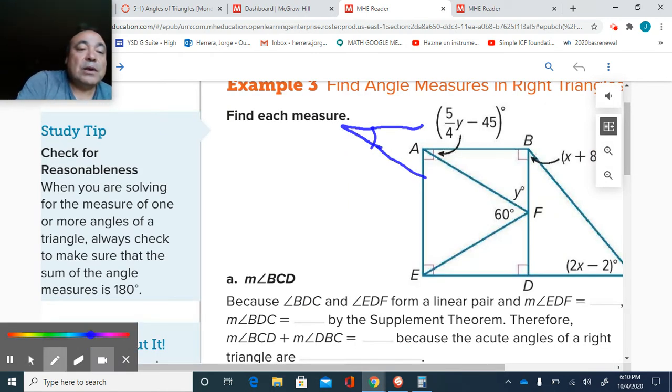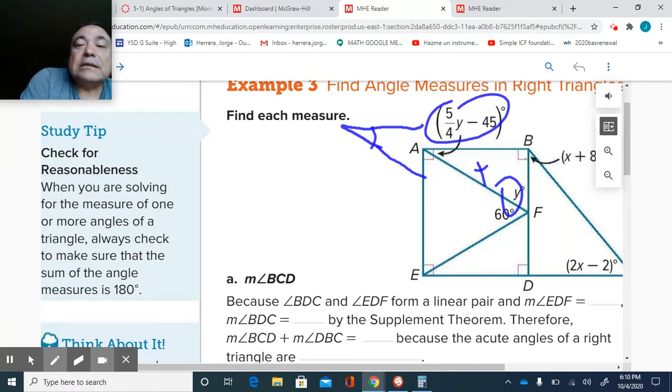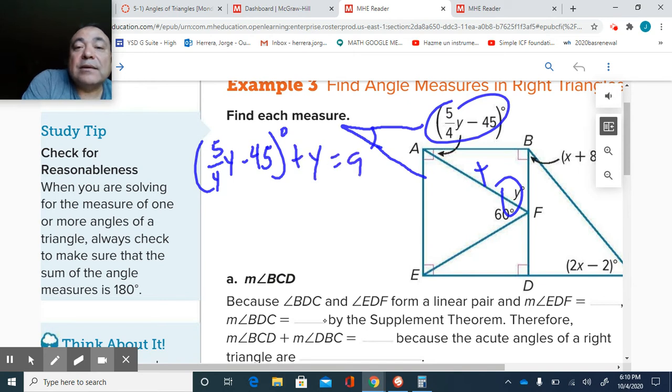So I'm going to go here. We know that this plus this equals 90 because that one is 90. So I'm going to go, okay, I got this 5/4, quantity 5/4, y minus 45 degrees plus y equals 90.